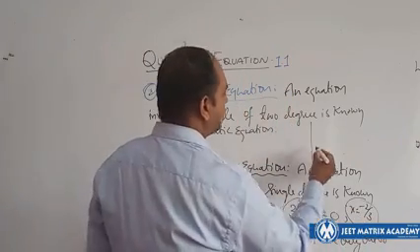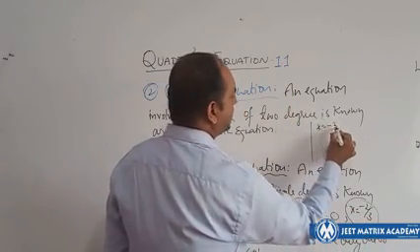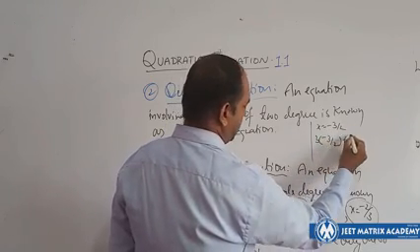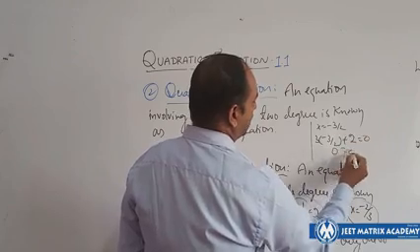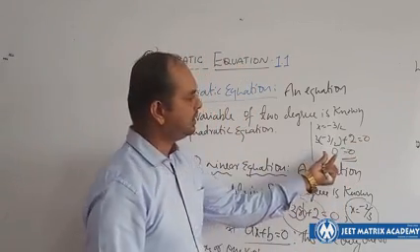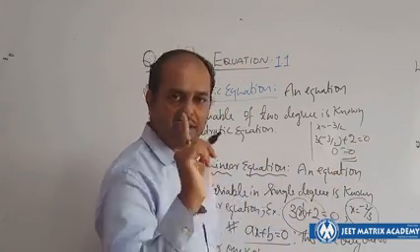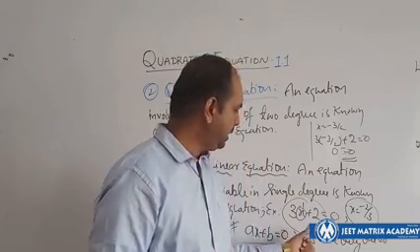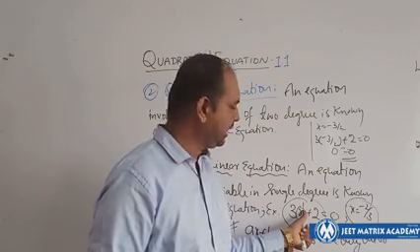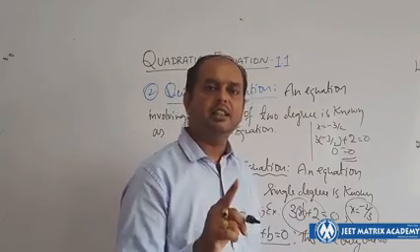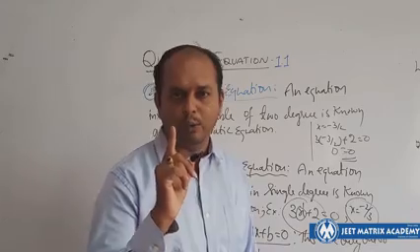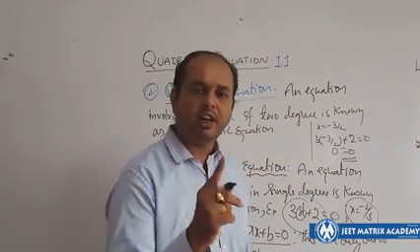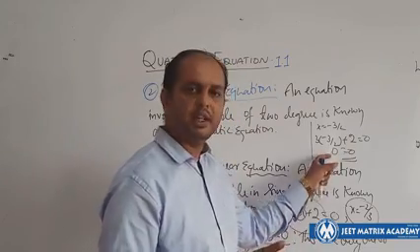If you put x equal to minus 2 by 3 in this equation, 3 into minus 2 by 3 plus 2 equal to 0. So that means this is true only for one value. A linear equation is always true for one value. It depends on the degree. If the degree is only 1, then this equation has only one root or one solution. That means for one value of x, this equation is true.